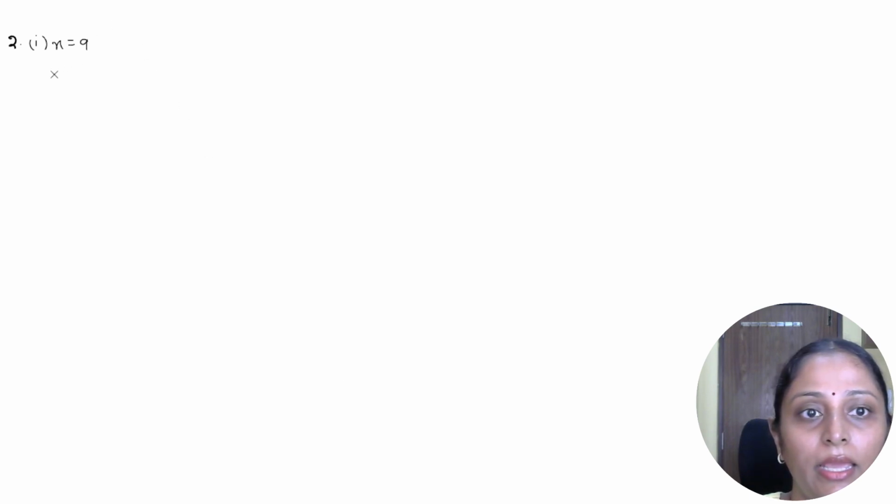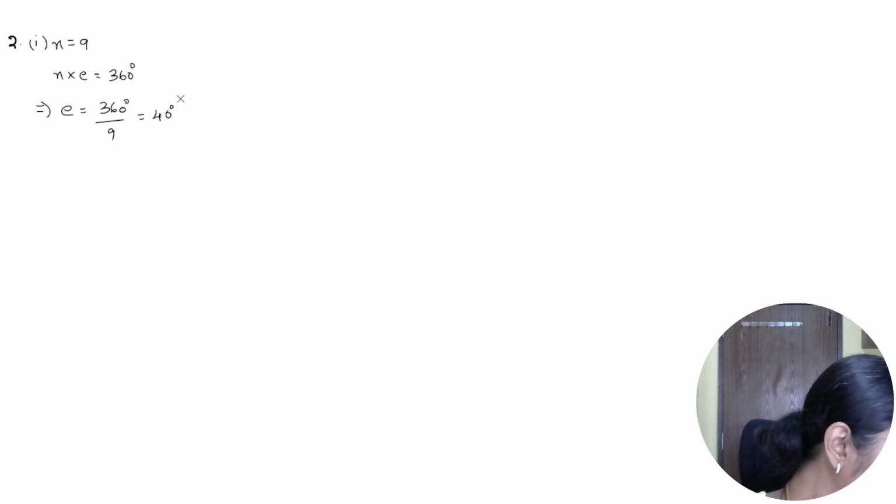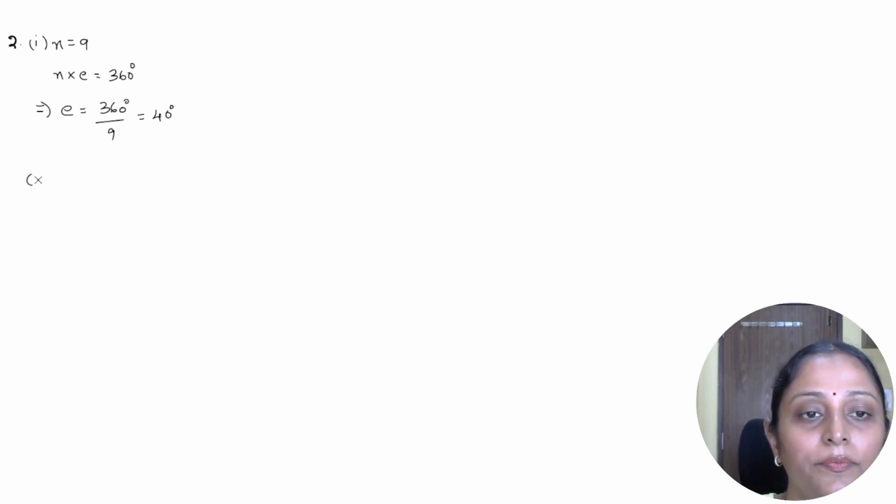That means that n into e is equal to 360 degrees, where e is each exterior angle, implies e is equal to 360 by 9, which is nothing but 40 degrees. So that is your answer for the first bit.